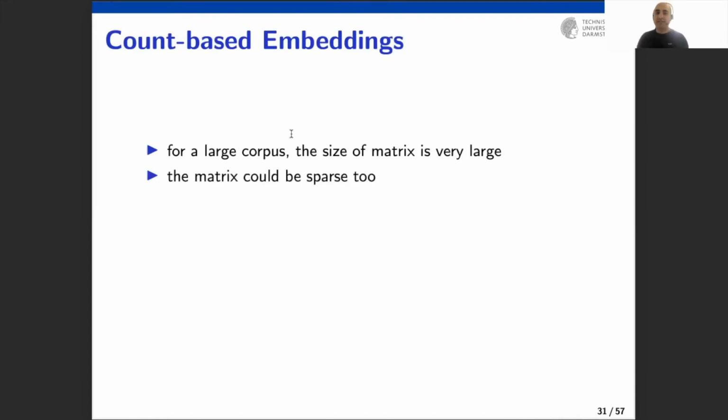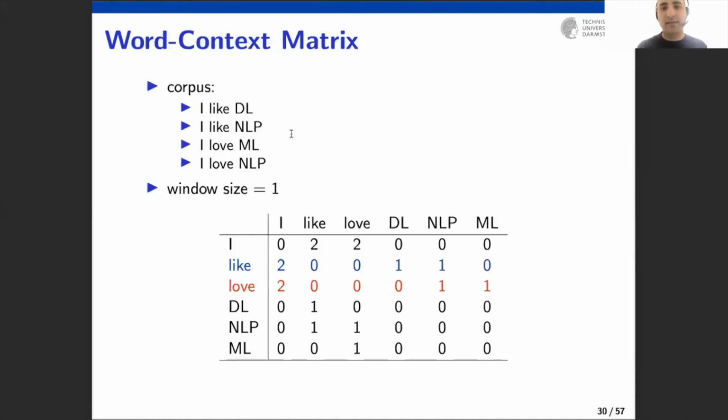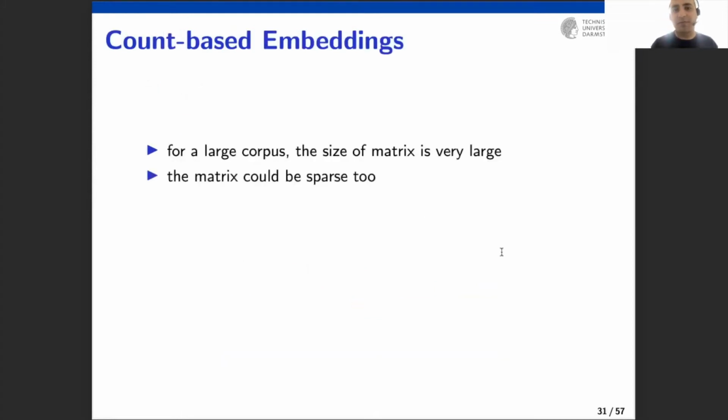This matrix could also be very sparse because many words do not occur in many contexts. Even when we look at this example, we see that many elements of the matrix are zero, right? Because many words do not co-occur with many contexts. So when you have a very large corpus, you have a very large matrix, and many items of this matrix are zero.